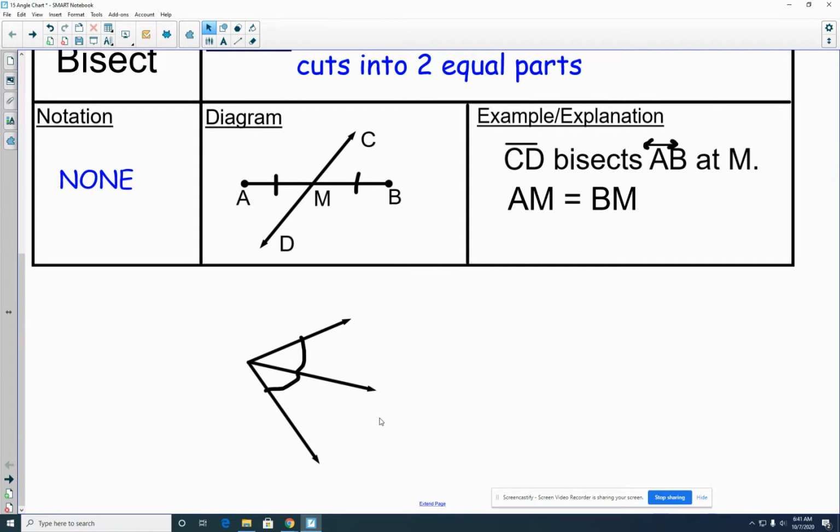So two little arc marks. And if I say that the whole thing is maybe 50 degrees, so this whole angle is 50, that means each tiny angle is 25. So just like a segment being bisected, an angle can also be bisected. It follows the same idea.